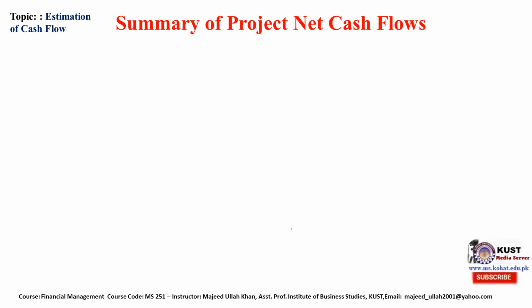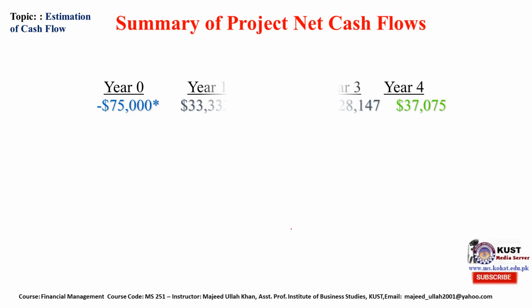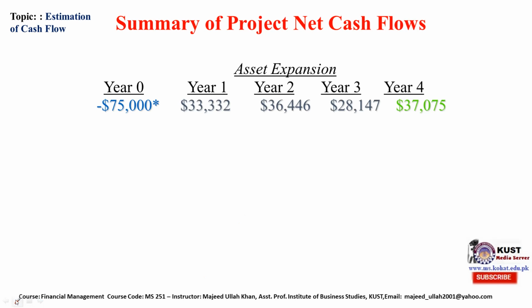Summary of net cash flow. At the initial year, the company incurred 75,000 cash outflow, that is negative, because the company is going to pay that much amount to outsiders. In the first year, the company will receive $33,332 cash flow.